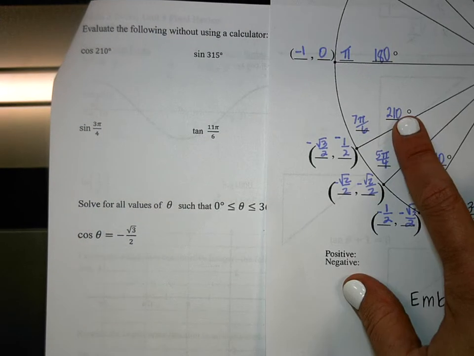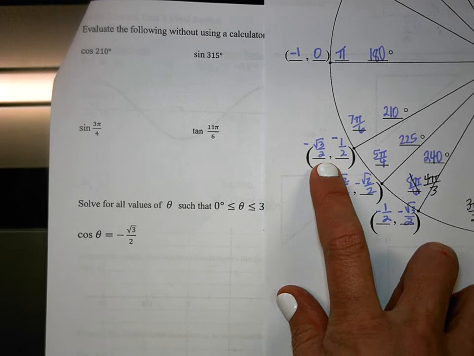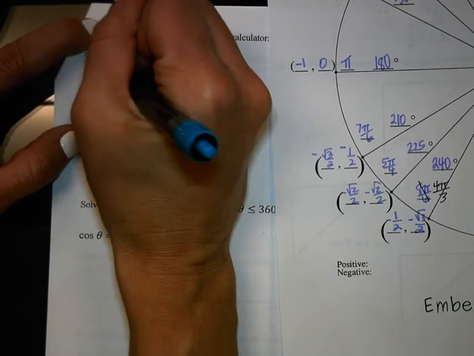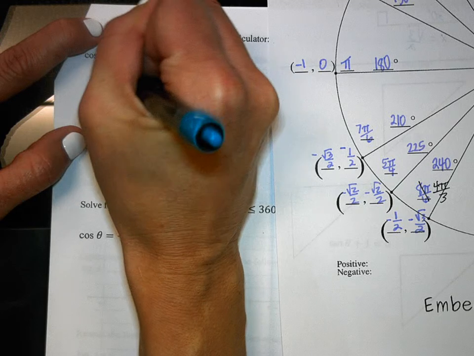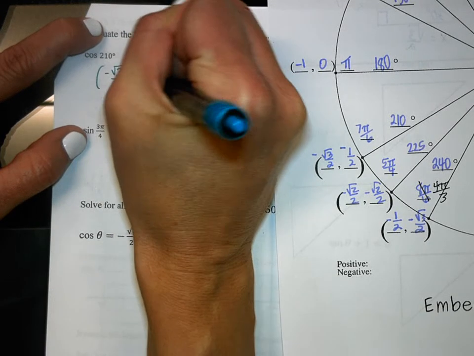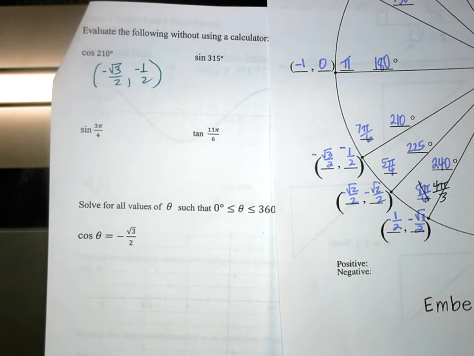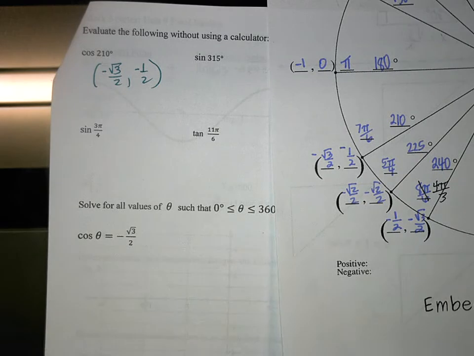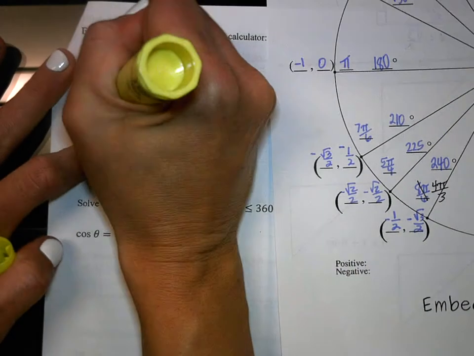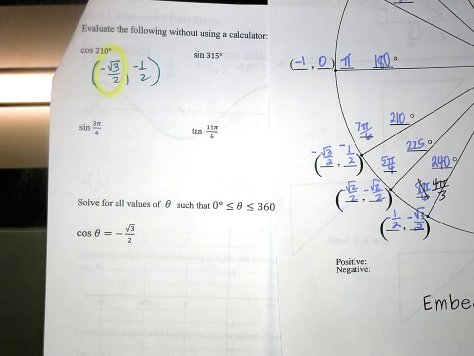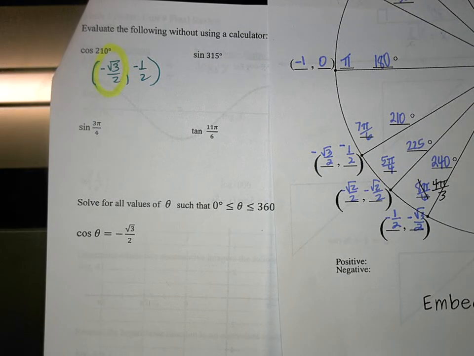Okay? This is the ordered pair that matches up. So I'm just going to write the ordered pair here, which is negative root 3 over 2 and negative 1/2. Cosine, though, is specifically dealing with the x. And so this right here is my answer. Negative root 3 over 2.